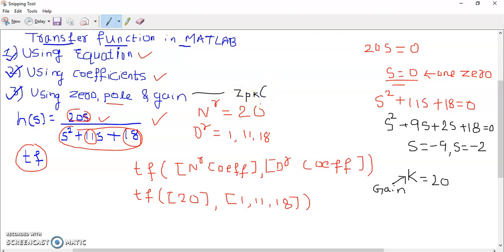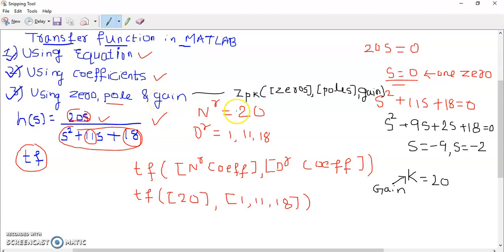The format of this command is zpk, in square brackets you write the zeros, then comma, the values of the poles, and then the value of the gain. This is the command to get the transfer function in the third method.